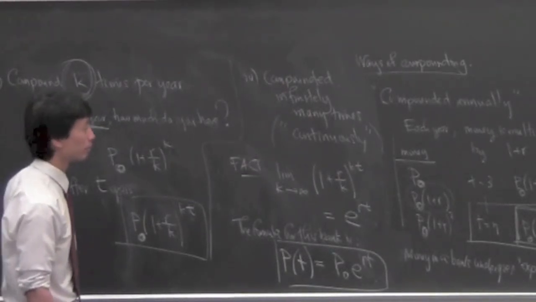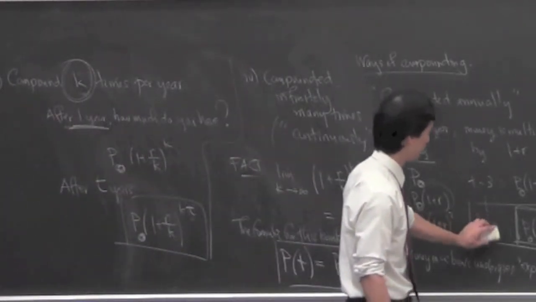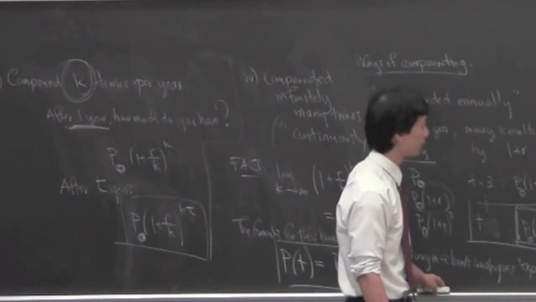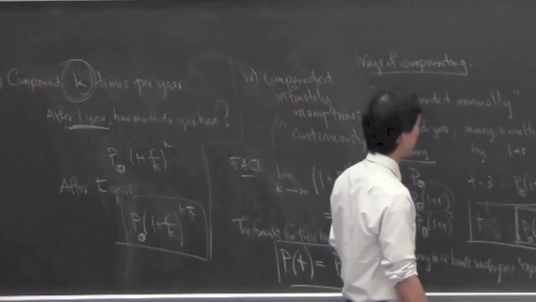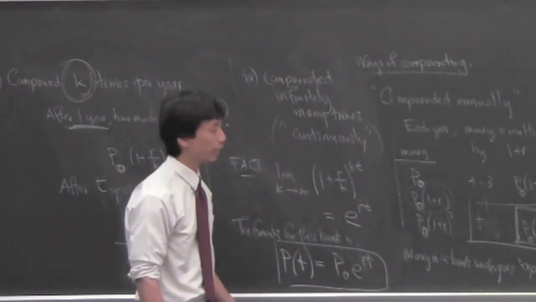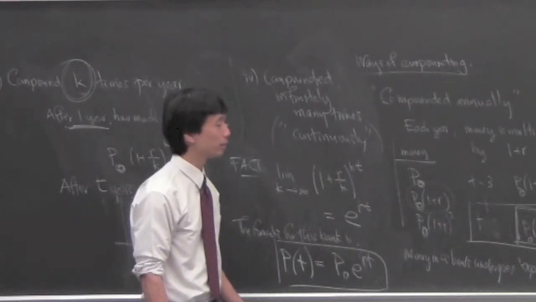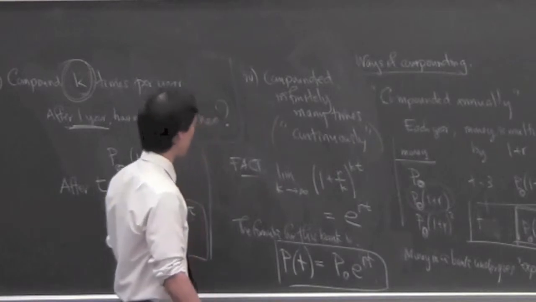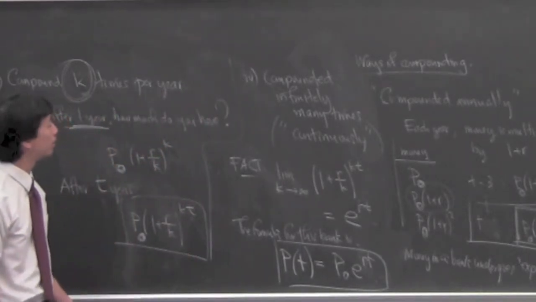So it should be p times (1 + r/k) to the t. Yes, that one.